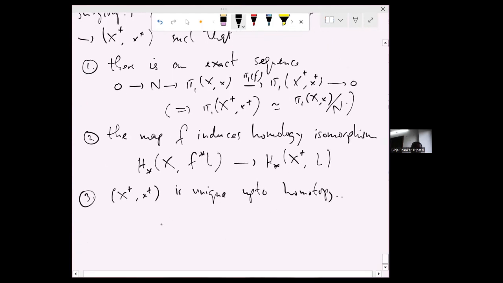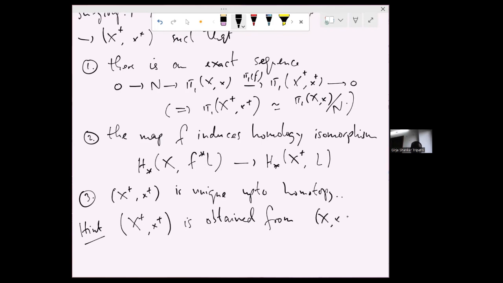Okay, maybe a remark or hint, whatever you wish to say. You can assume your X is a CW complex to begin with. If not, then you replace it by a CW approximation.